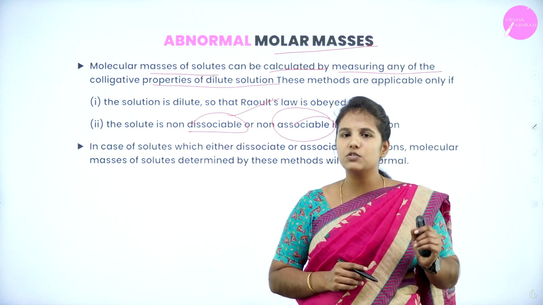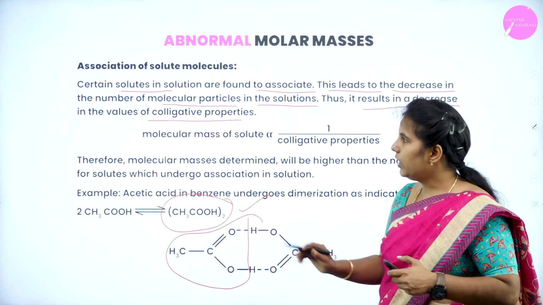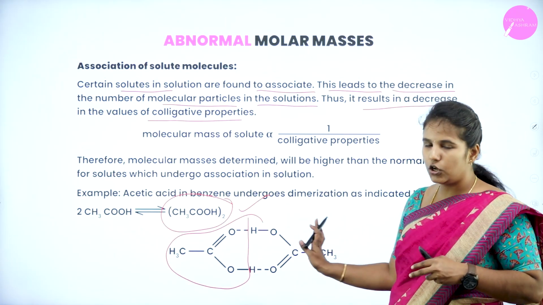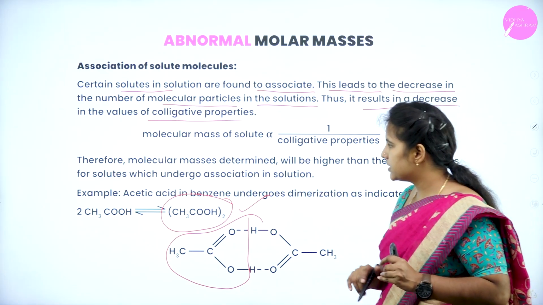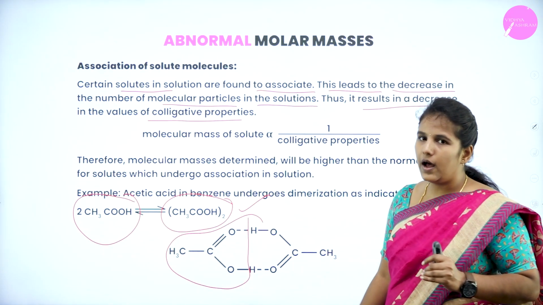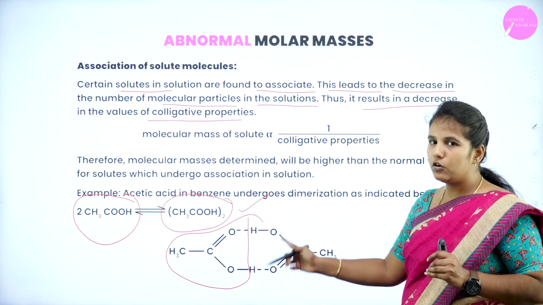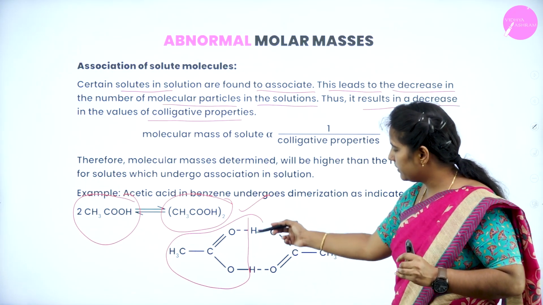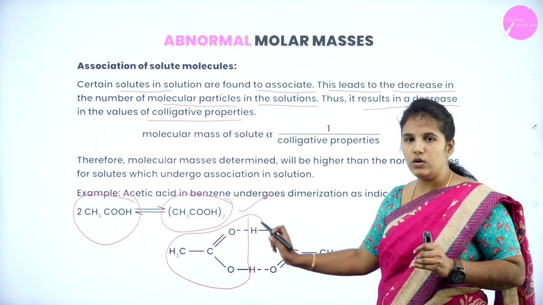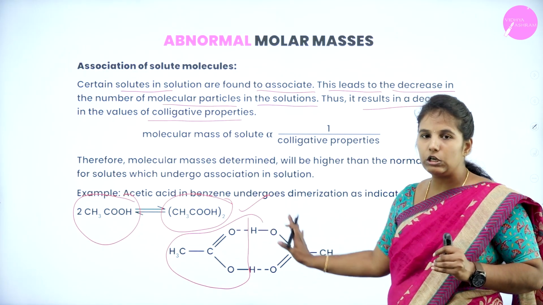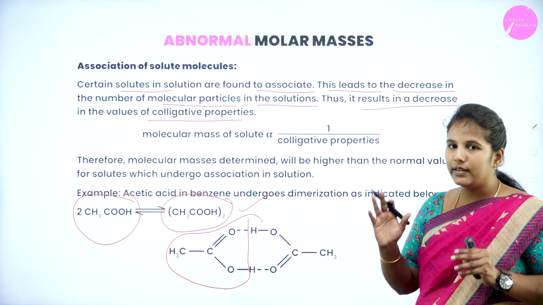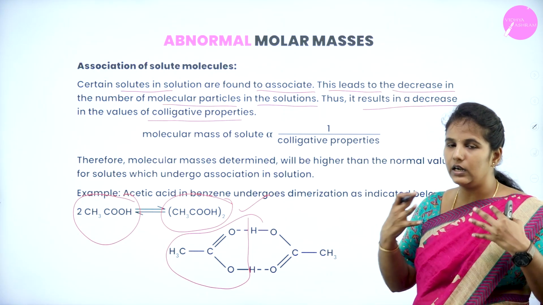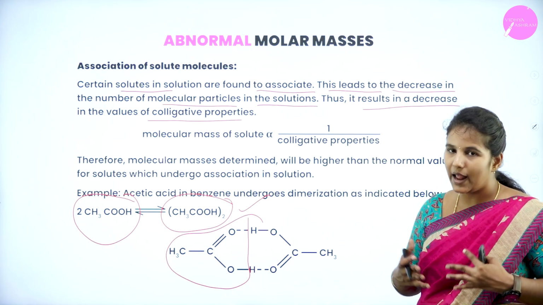So what is association and dissociation? We all know that certain solutes undergo association, which means that two acetic acid molecules will undergo dimerization because of the hydrogen bonding between the two acetic acid molecules. Because of the dimerization, the acetic acid molecules behave like a single molecule.